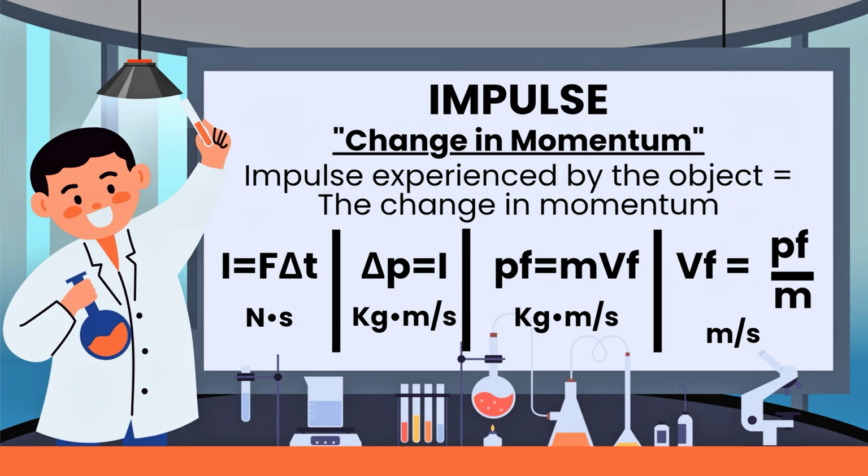Next one is the change in momentum is equal to the mass times the change in velocity. And the change in velocity is the final velocity minus the initial velocity. Its unit is kilograms times meter per second. The last formula is the final velocity is equal to the final momentum over mass. Its unit is meter per second.